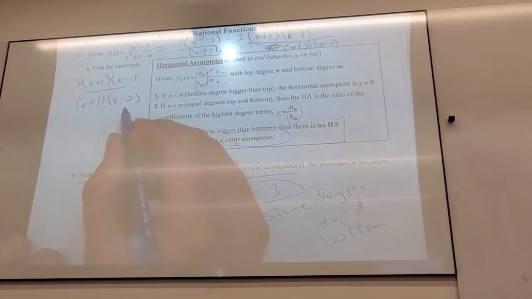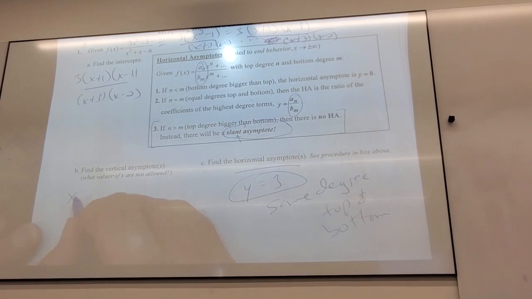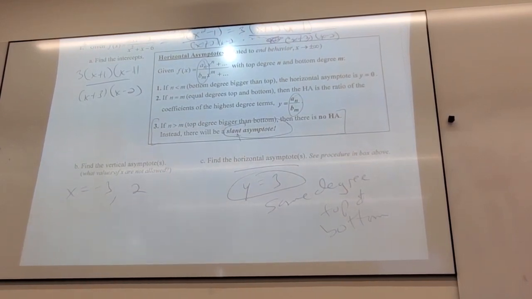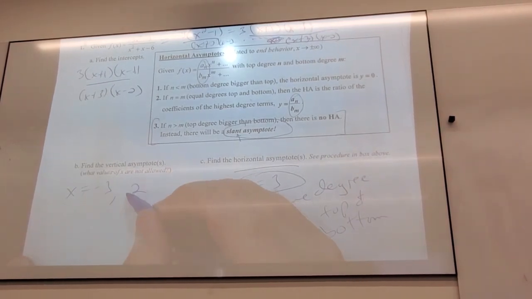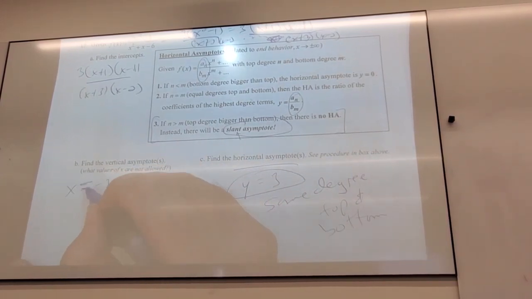Now that we factored the bottom, I can see exactly what x values I'm not allowed to use. I'm not allowed to use negative 3 and 2. If the question was, what's the domain, you would say x not equal to these. But the question is, where are the walls going to be: at x equal to this and x equal to that.